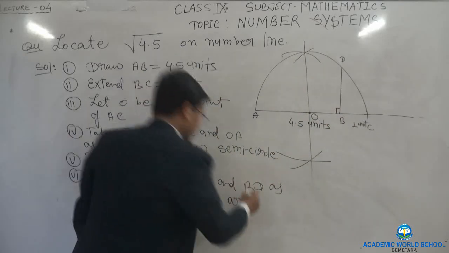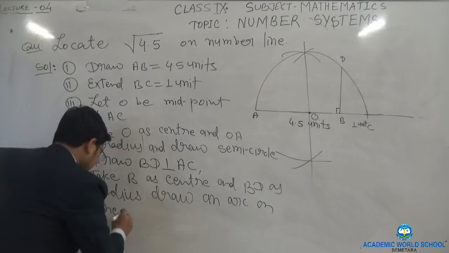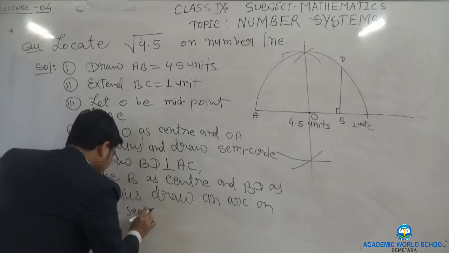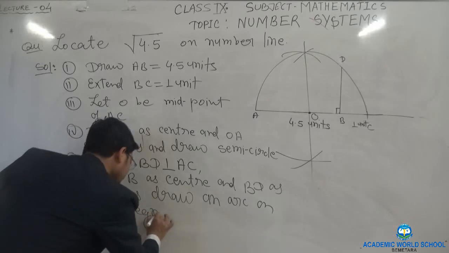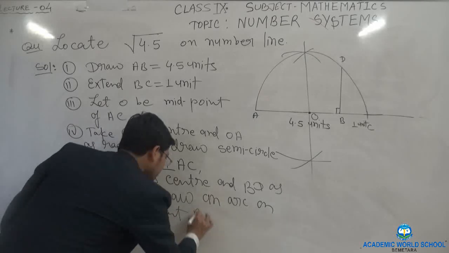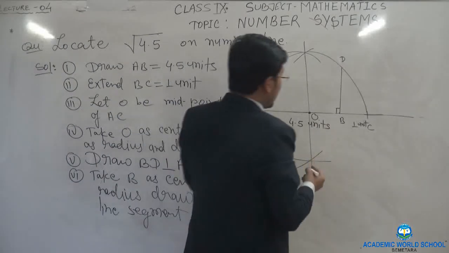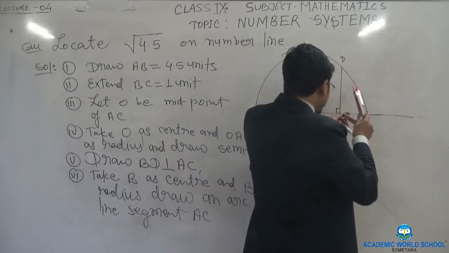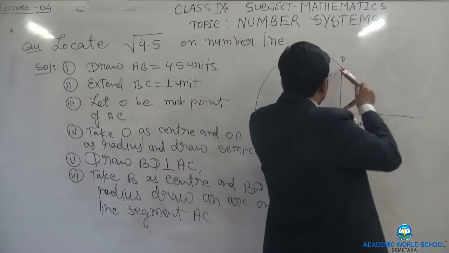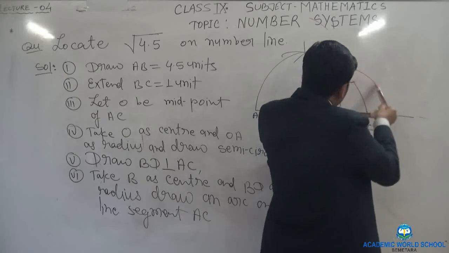Draw an arc on line segment AC, extending line segment AC. So we are going to draw an arc, taking B as center and BD as the radius.